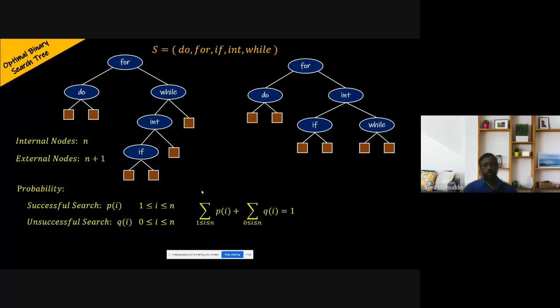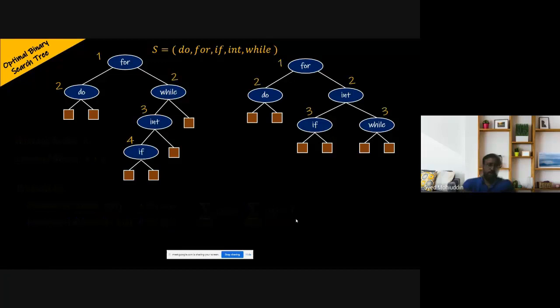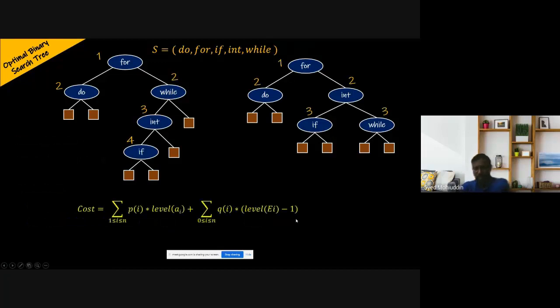So the summation of the probabilities of successful search, that is all the probabilities of the nodes for successful search, plus the summation of the probabilities of unsuccessful search, should be equal to 1. Now with this equation we can derive a criterion to compute the cost of a tree.